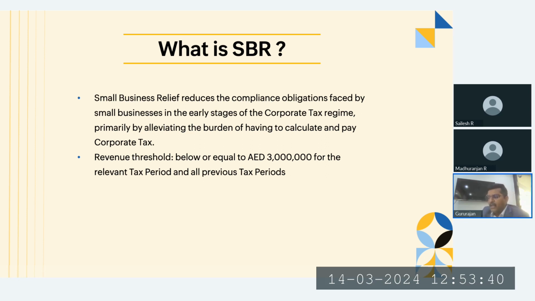This 1 million AED does not count income from salary or investments like shares or real estate. If your business activity exceeds 1 million AED revenue and you are a natural person, you should also register for corporate tax. And of course, you will be eligible for SBR if other conditions are fulfilled.